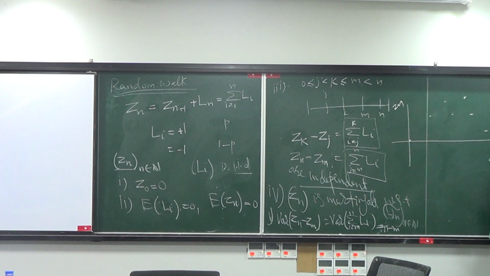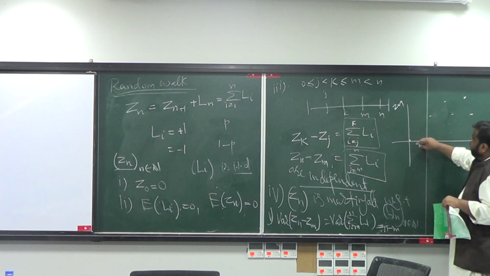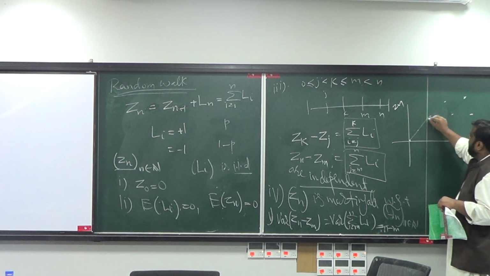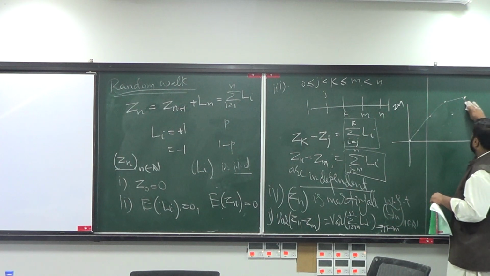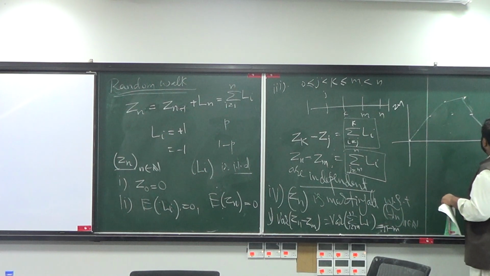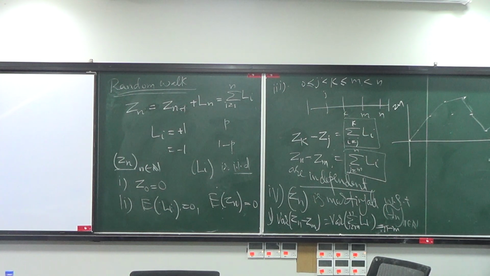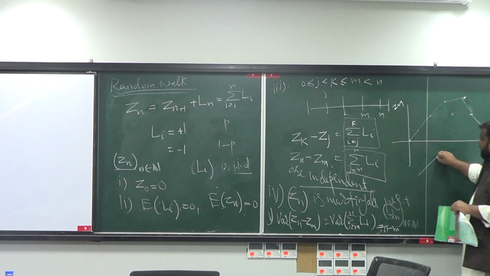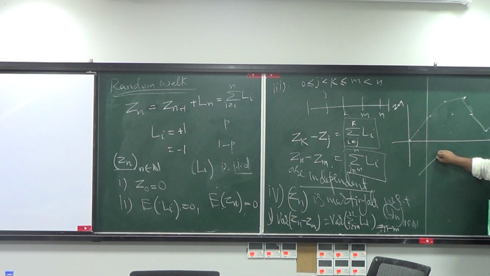So these are cumulative gains. The next thing that I would like to do is to quickly join these points by linear lines. When I join these lines, every trajectory is going to look something like this.